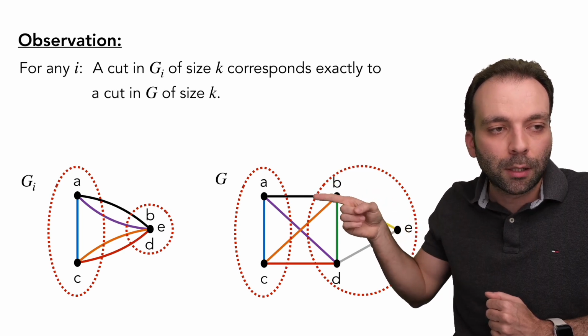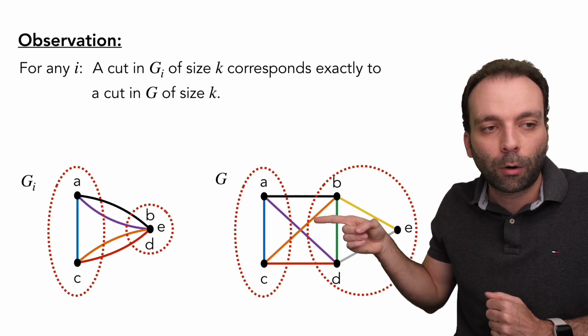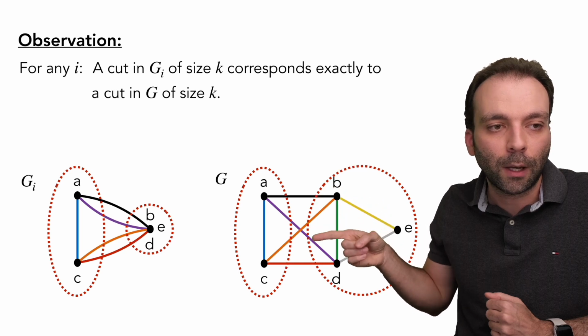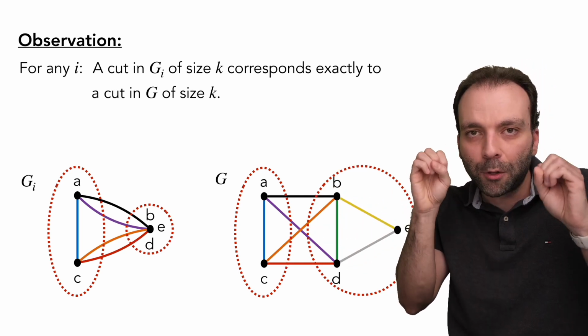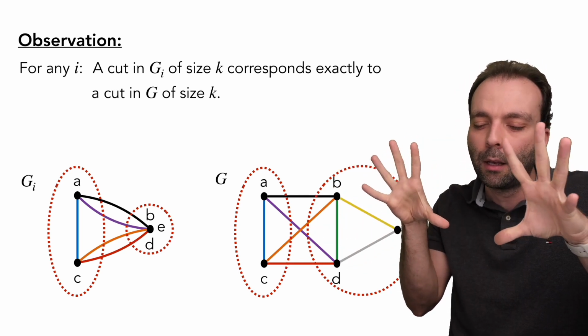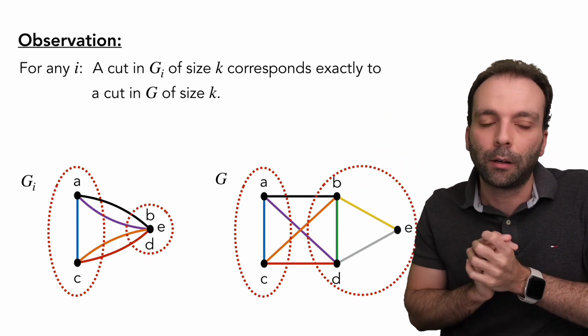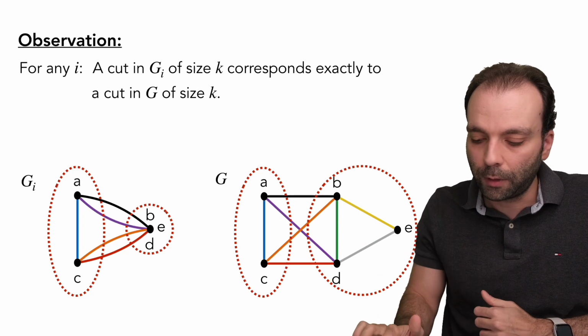And the original edges, the black, purple, orange, red, all those ones remain, of course. That doesn't affect anything. So if you imagine uncontracting, all the edges that go across are still going to be there, and you have the same cut.